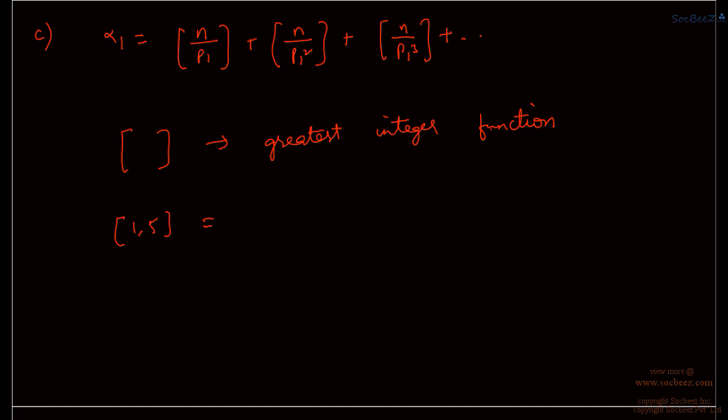Greatest integer function means the greatest integer not exceeding that number. So the greatest integer of 1 is 1, whereas the greatest integer of 0.5 is 0. Similarly, the greatest integer of minus 1.5 is not minus 1, it's minus 2.